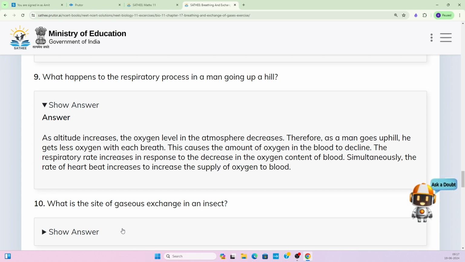So you respire more, and simultaneously the heartbeat increases because you require more oxygen, right? So the heartbeat also increases to increase the supply of oxygen to the blood. So this is one of the very important practical questions.